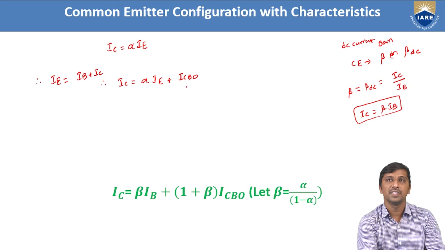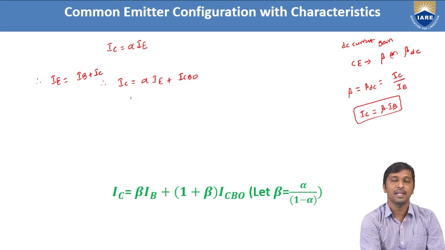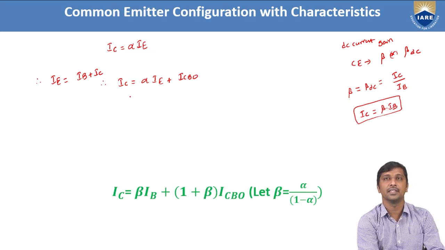If that particular junction is reverse biased, it offers the reverse saturation current, and that current is represented as ICBO.